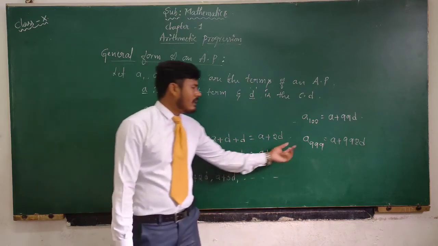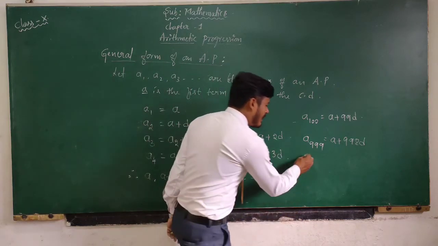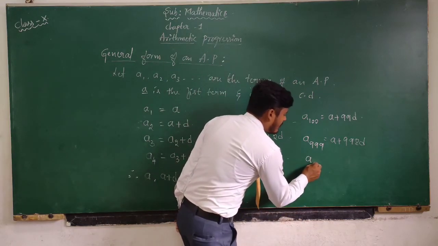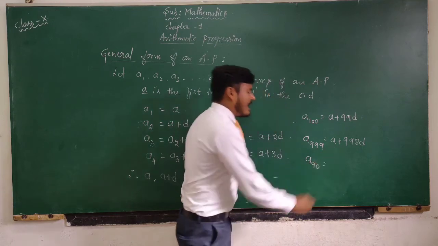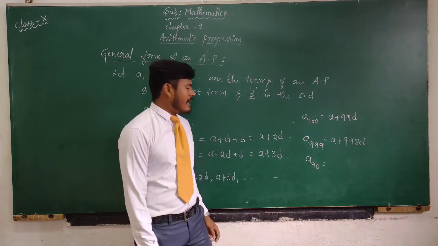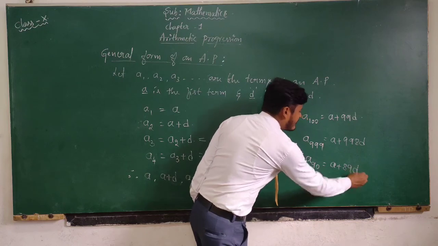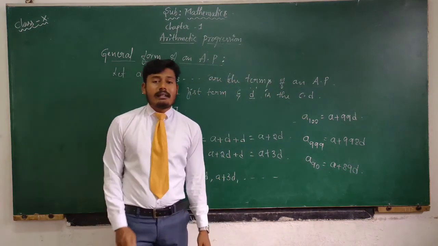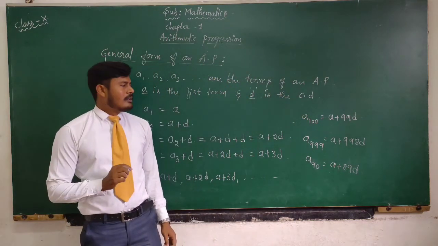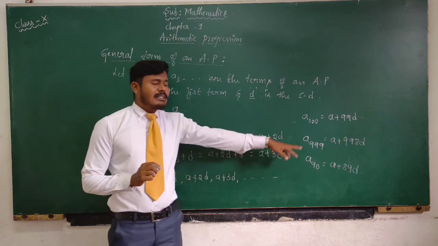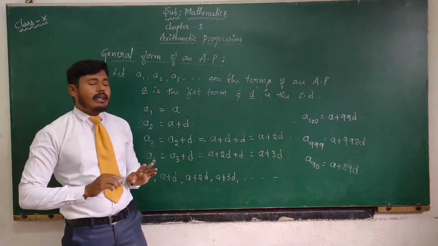Hope you understand this one. And then one more: what about the 90th term? The 90th term is a plus 89d, which is the general form of the 90th term. So these are the general forms of an AP.